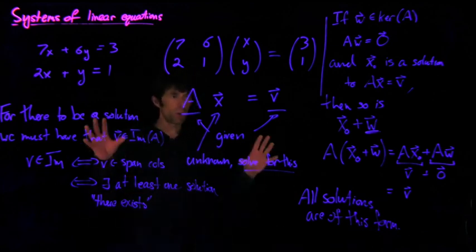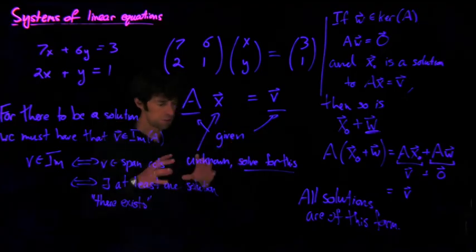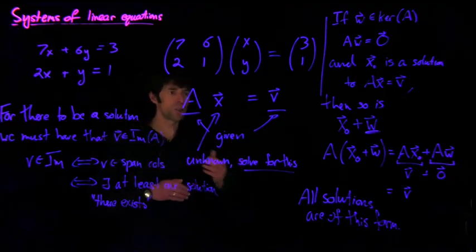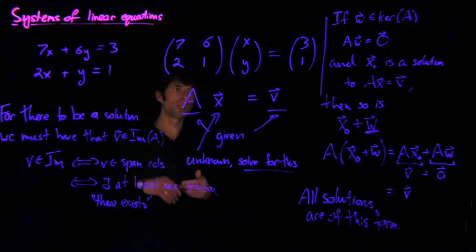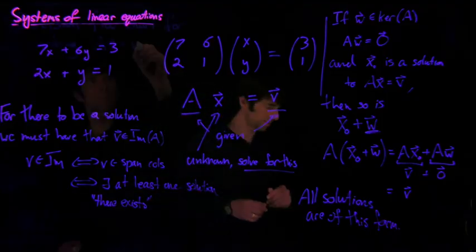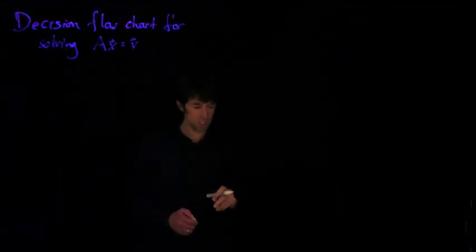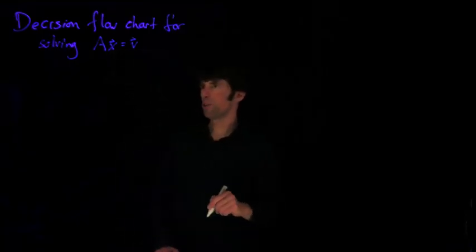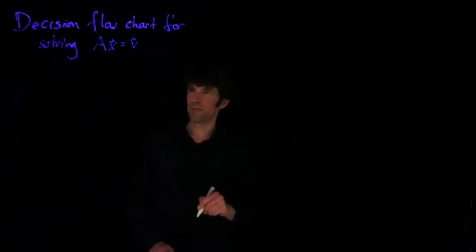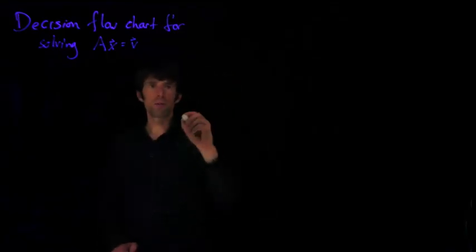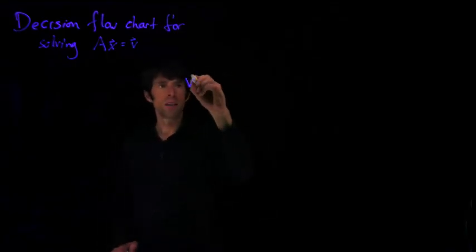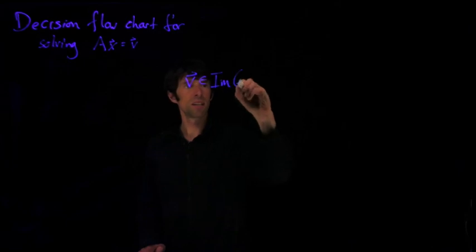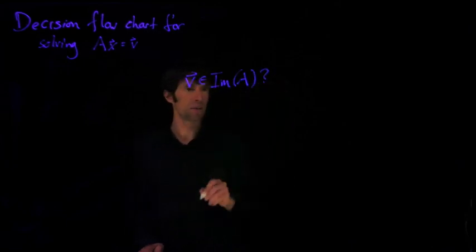So I want to erase this and give you a kind of flow chart or decision tree that tells you about how many solutions you might hope to find for some arbitrary system of linear equations. Okay, let's look at the decision flowchart for solving an equation of the form matrix times unknown vector x equals some right-hand side vector v. So the first question is: is the right-hand side vector contained in the image of A?